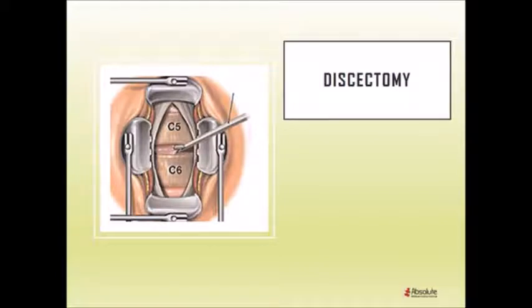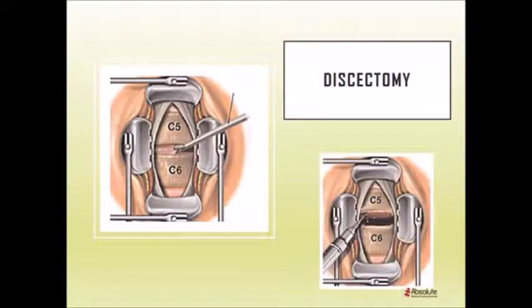Then the physician takes a tool and begins to remove the disc material. After he gets as far as he can, we use another instrument to further clean it out, more like a drill or a burr. So they're doing the procedure called a discectomy.